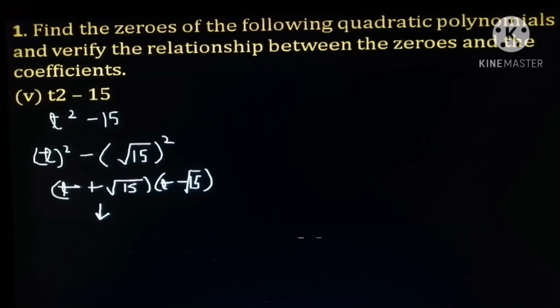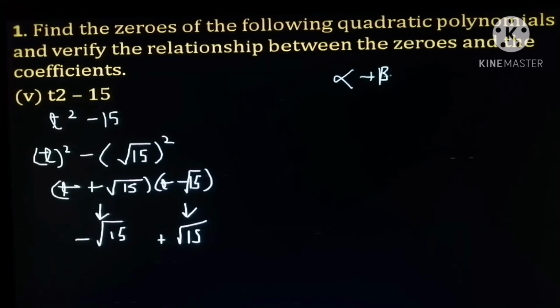When you have to take out zeros, you will have to equate it to 0. So this will give you negative root 15 and this will give you positive root 15. Let's verify the relationships. Alpha plus beta should be equal to negative b upon a.